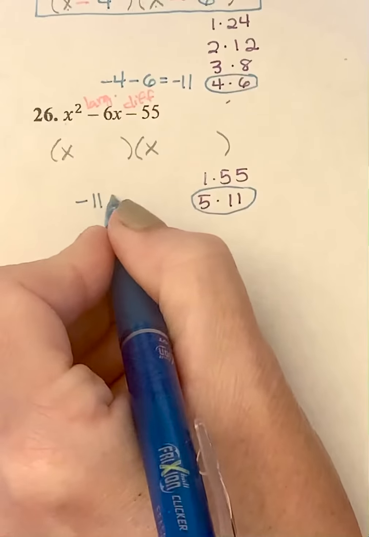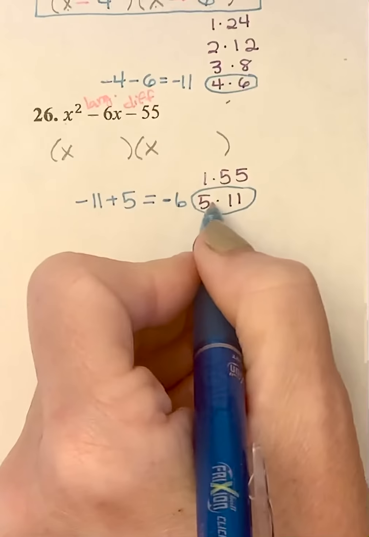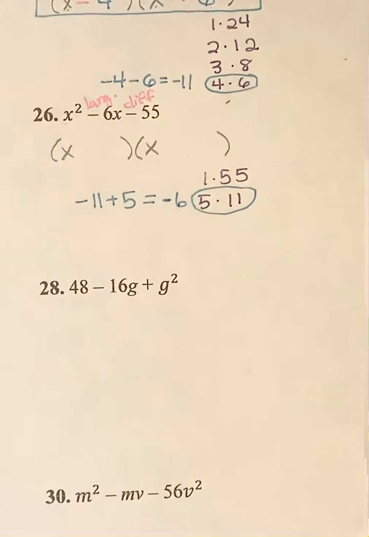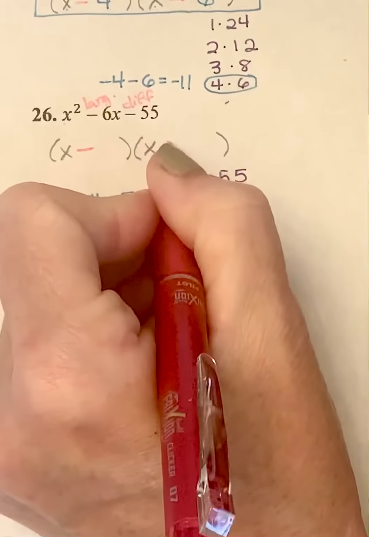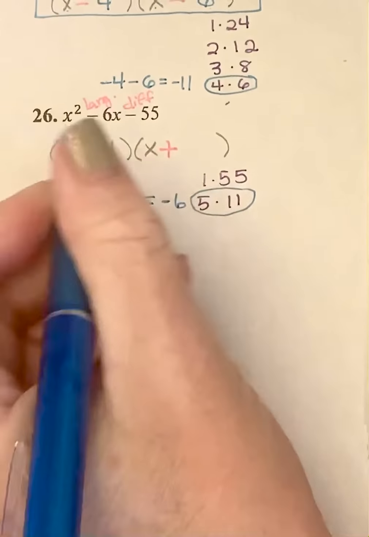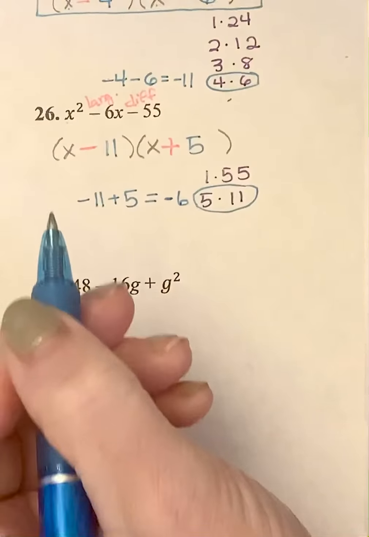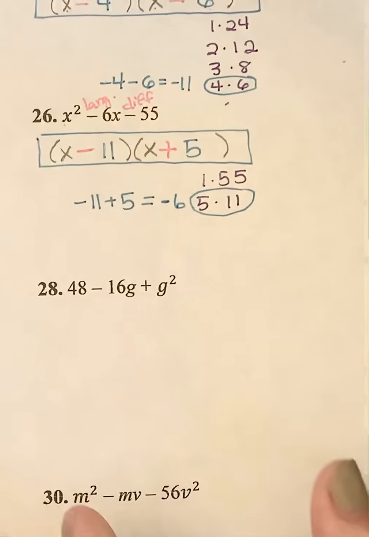So a -11 plus 5 will give me a -6. So it's the 11 and 5 that I'm going to use. I forgot to write the signs in. They're going to be different. One's going to be negative, that'll be the 11, and the positive will be the 5. And then you check using FOIL.